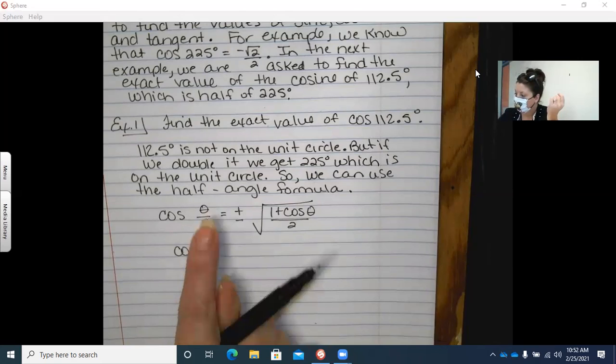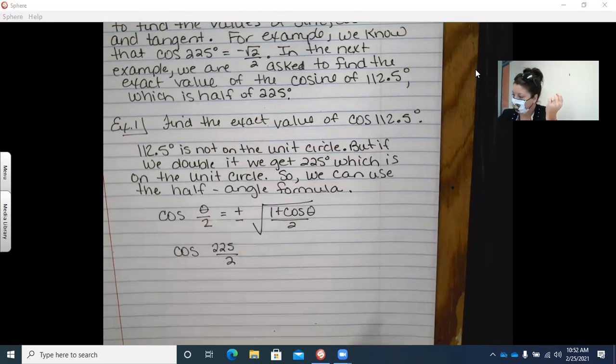So positive or negative the square root of 1 plus the cosine of 225 degrees, divided by 2. That's what we plugged in for theta, not 112.5.